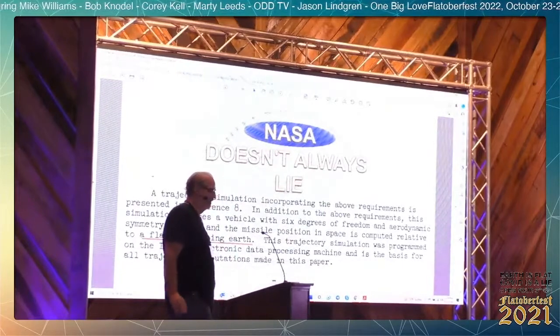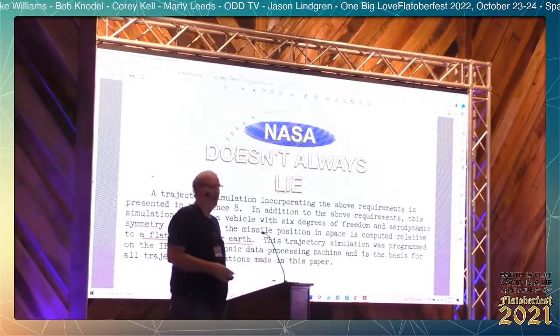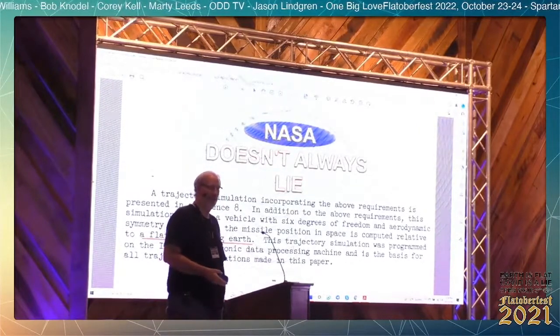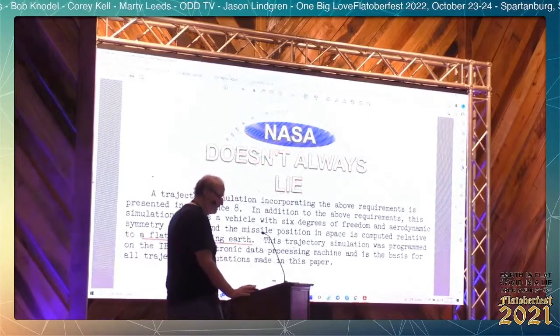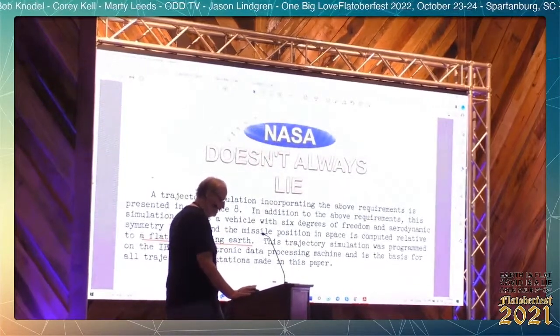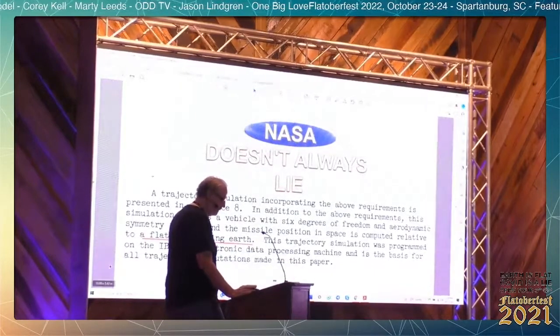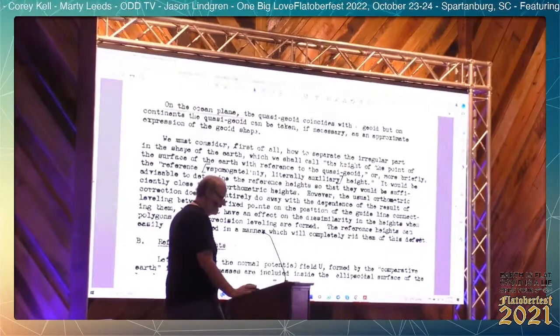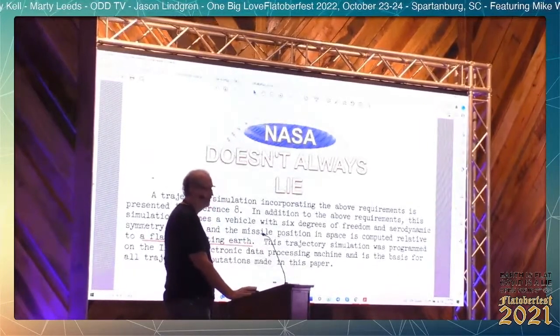But the CIA themselves are some of the biggest people that are absolutely studying the firmament. And it's interesting because they show in some of these documents, first thing they say is, well, we're looking at a missile position in space computed relative to a flat, non-rotating Earth. And we see that flat, non-rotating Earth everywhere in all these documents.